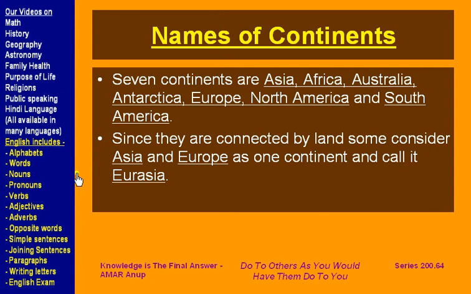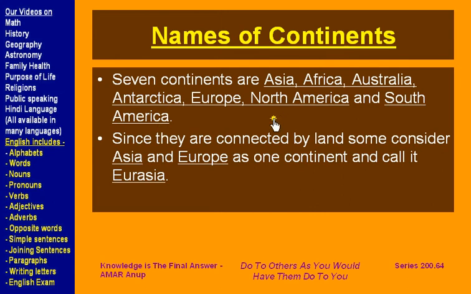The world is divided into 7 continents. Some consider it 5, but because they mix 2 continents. The 7 continents are Asia, Africa, Australia, Antarctica, Europe, North America and South America.